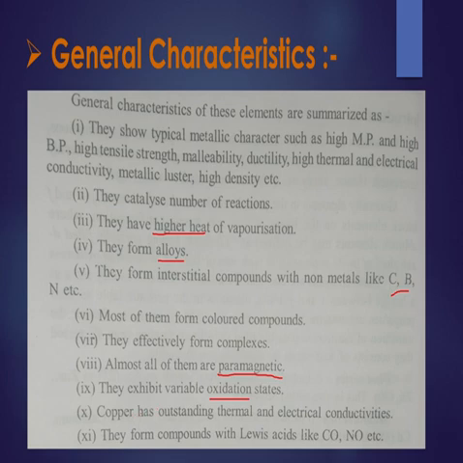Next characteristic, they form compounds with Lewis acids like CO, NO, etc. That is CO is carbon monoxide, capital C, capital O, and capital N and capital O is called nitric oxide, that is NO.